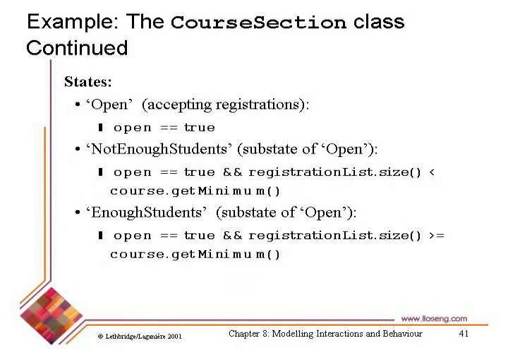And so we'd have to evaluate this. The other substate, enough students, says open is true, and the registration size is greater than or equal to the minimum. So these are the conditions that will be true when you're in a state. You can find out what state you're in by testing these various variables or expressions to determine what their values are. And that will allow you to determine what state you're in.